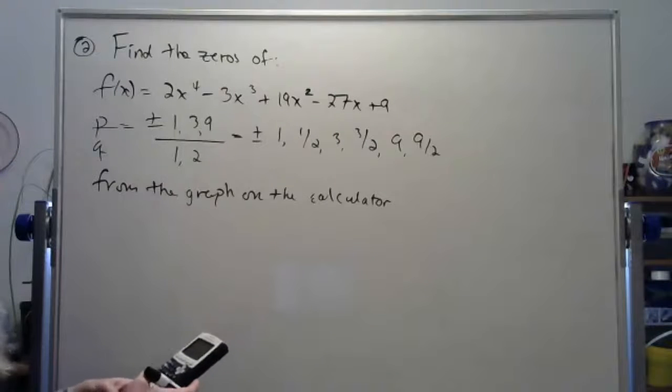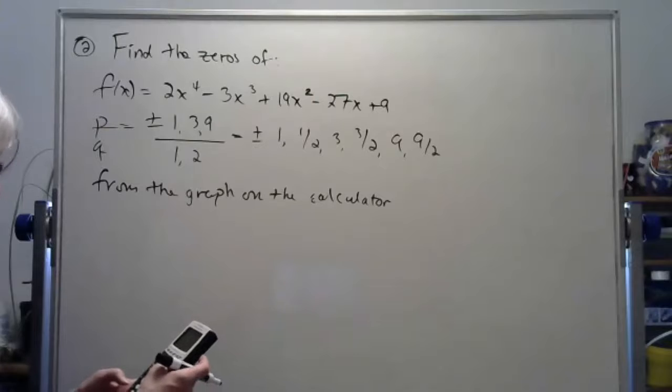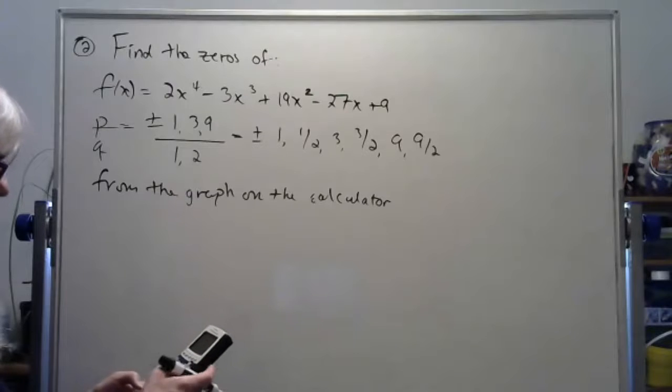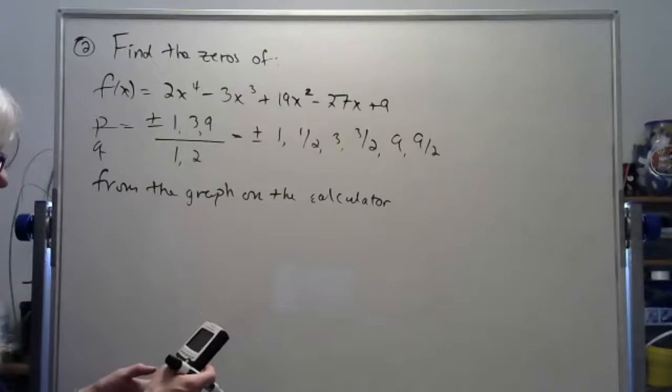Let's clear that one out of there. x to the 4th, plus 3x cubed, plus 19x squared, minus 20x, plus 9.